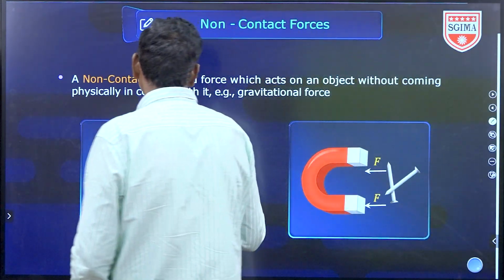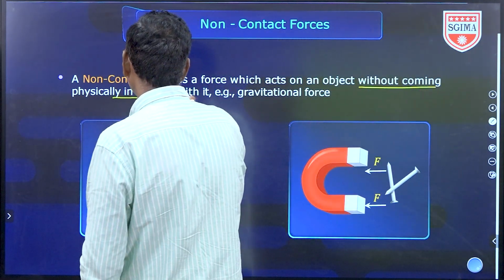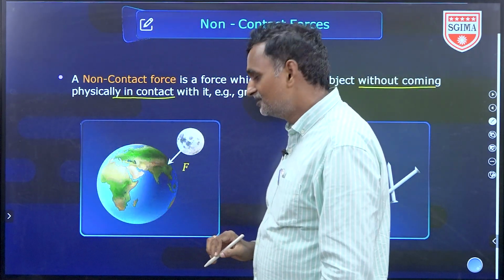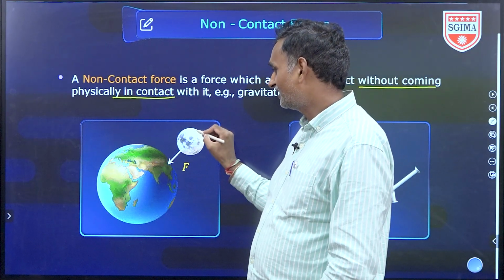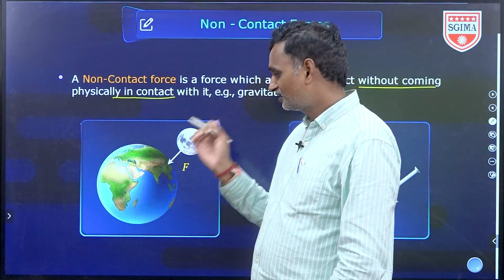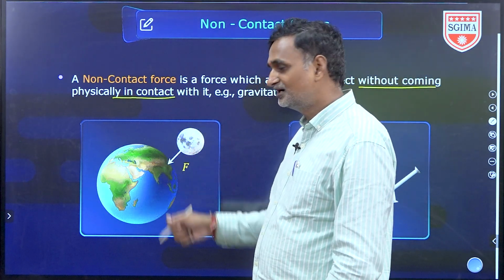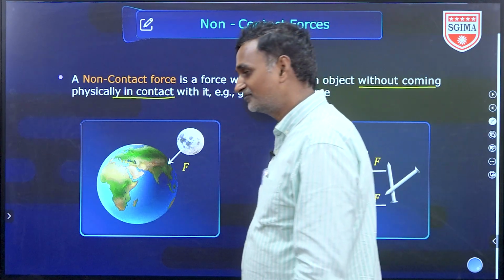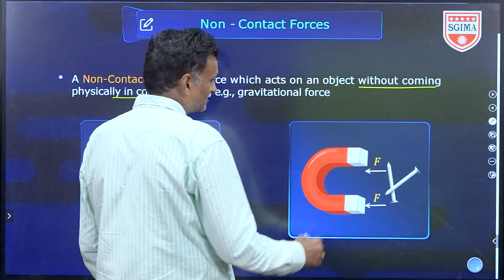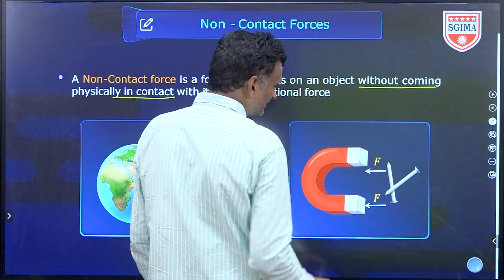A non-contact force acts on an object without coming physically in contact with it. Here the earth exerts gravity on the moon, but there is no requirement of physical contact between the earth and the moon. This is the gravitational pull towards the earth itself, that is gravitational force. Next, here is a horseshoe magnet exerting force on iron or magnetic particles.